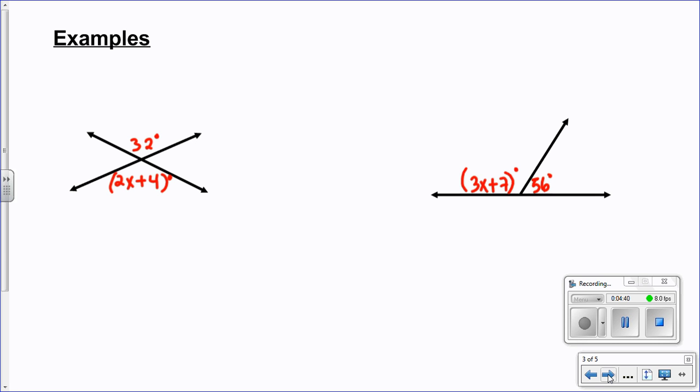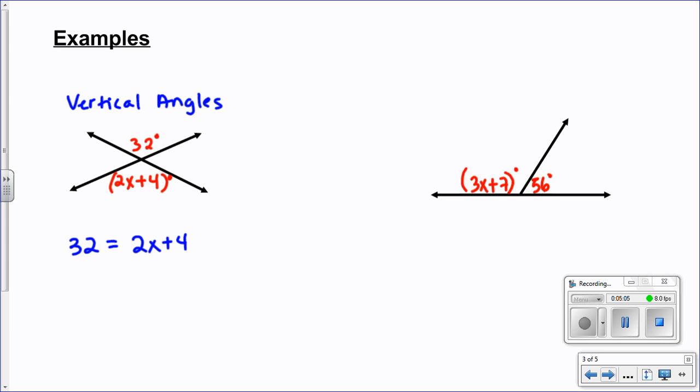So in this first example, this is an example of vertical angles. Remember, vertical angles are congruent, they are equal. So I will set 32 equal to 2x plus 4. Now, the only reason why 2x plus 4 is in parentheses is because of the degree sign.